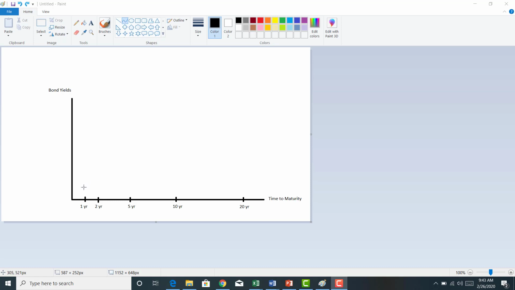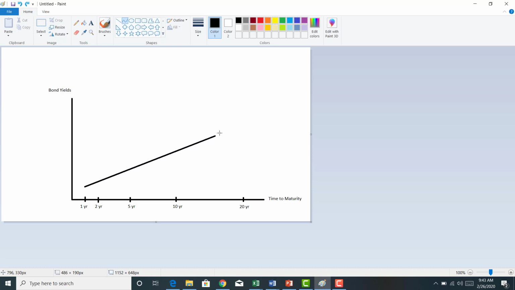So with this being said, we can draw a hypothetical curve of what we would expect bond yields to look like across different times to maturity. For instance, 1-year bonds might have yields at about this rate on the y-axis. To the extent that longer-term bonds are more risky than shorter-term bonds, then 2-year bonds and 5-year bonds should have higher yields than 1-year bonds.